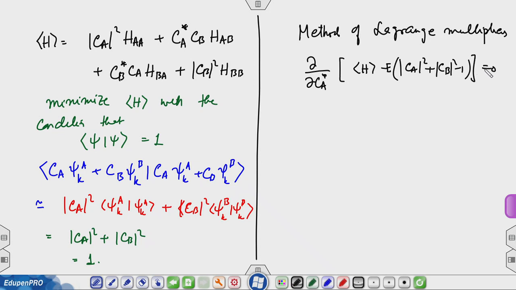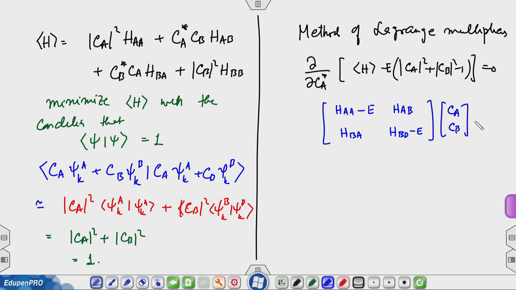And same thing with respect to C_B star, and the equation you get, and I will leave this for you, is the matrix H_AA minus E, H_AB, H_BA, H_BB minus E, times C_A, C_B equals 0.